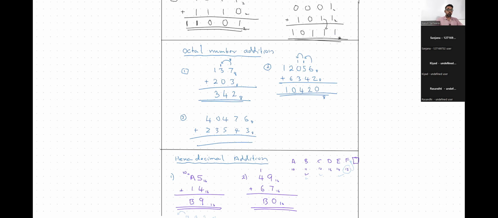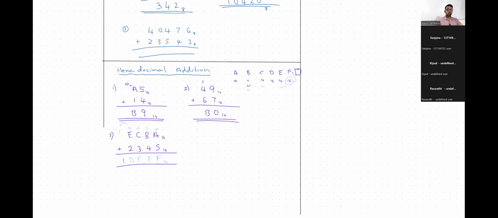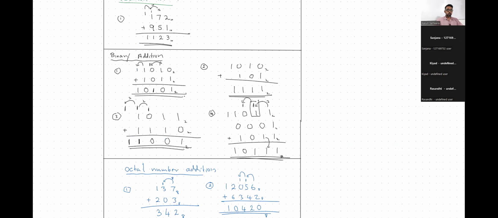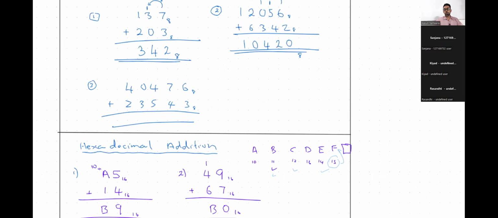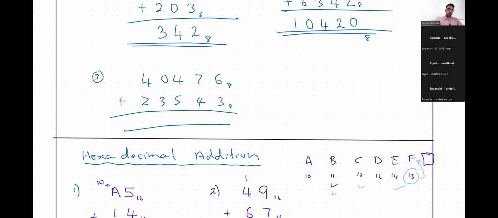All the number systems plus addition between number systems. These are the things we learned today. And I will send you some more tutorial questions as well. Right, let's try the quiz now.